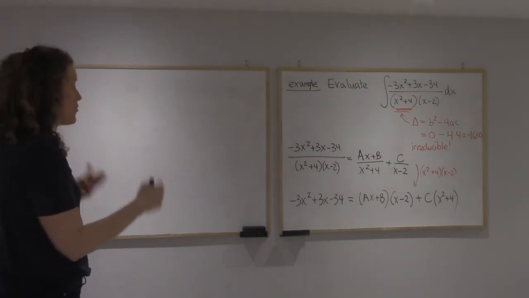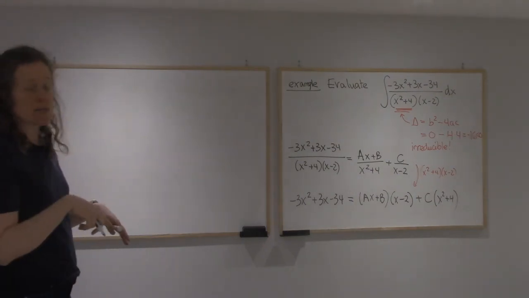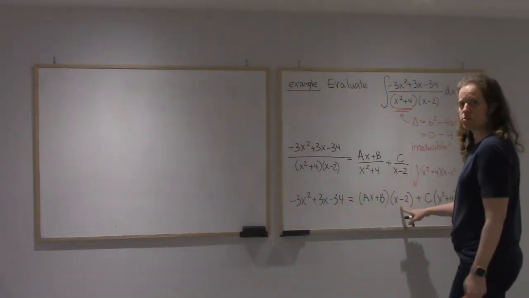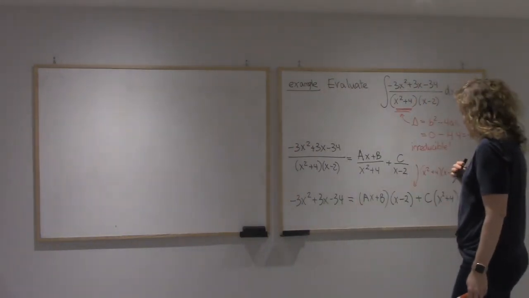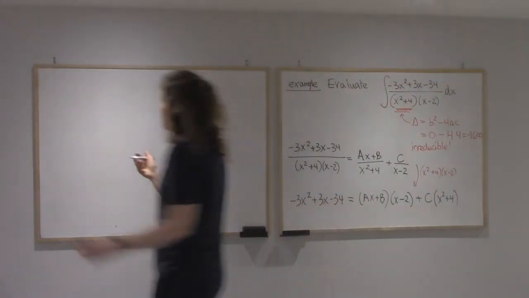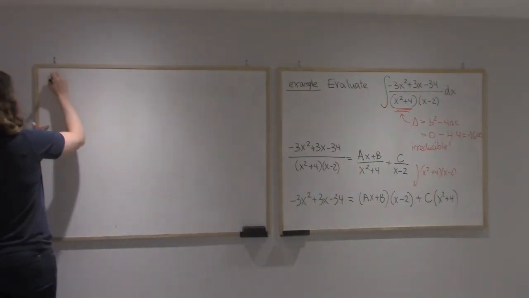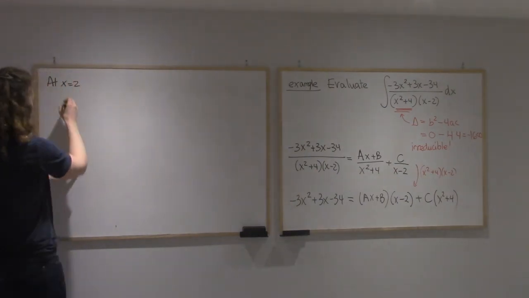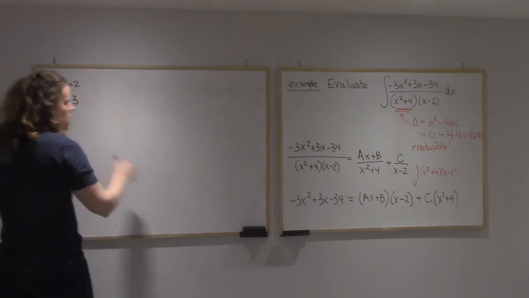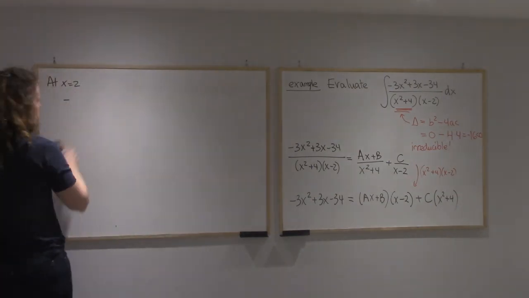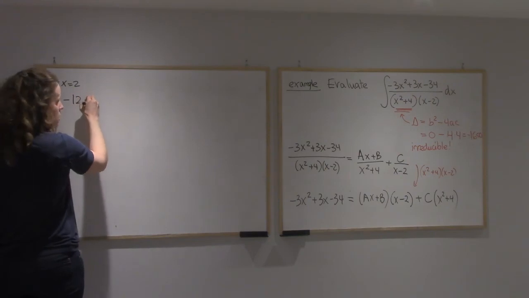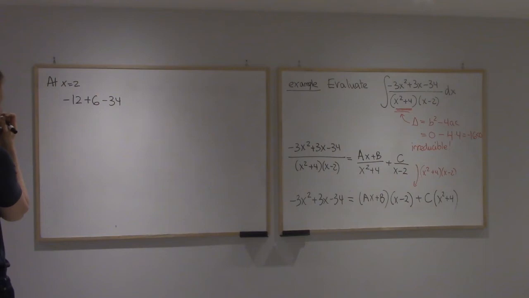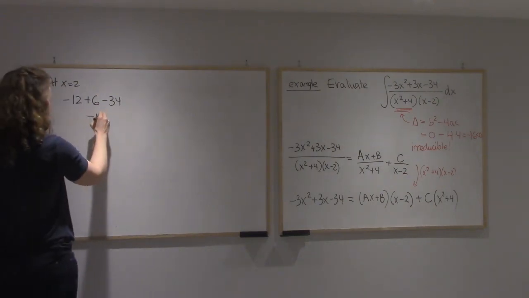Alright, now I need to solve for a, b, and c. I'll plug in special values of x, but in this case, I like x equals 2, that's my absolute favorite, and then I kind of run out. So let's start with x equals 2. At x equals 2, I'll get minus 3 times 4, so I'll get minus 12, plus 6 minus 34, so I get minus 40.